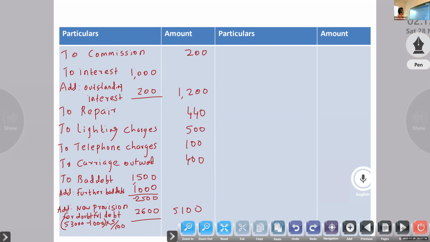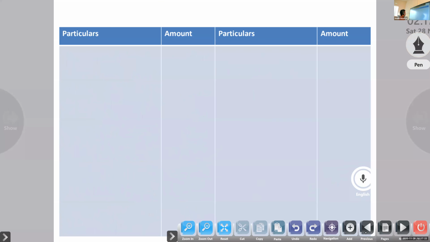Now we will write the next one, to provision for discount on debtor. How to calculate provision for discount on debtor? It is 49,400.